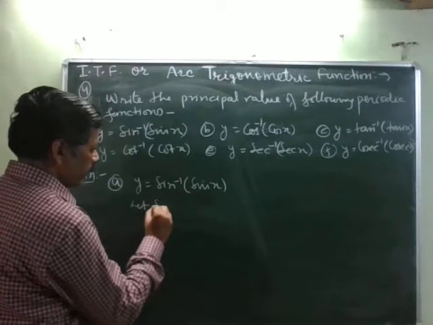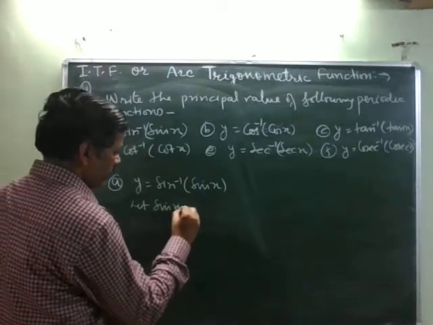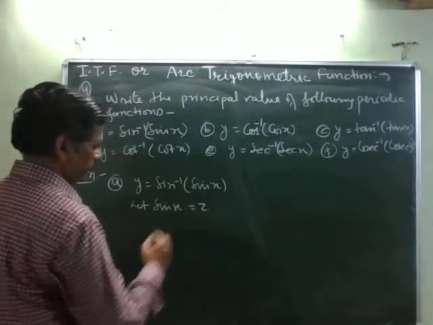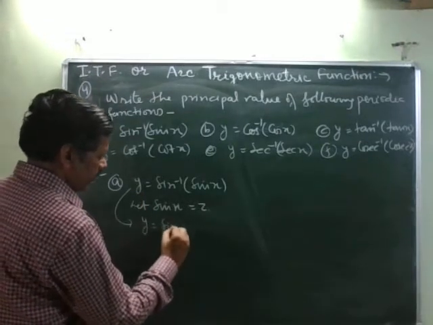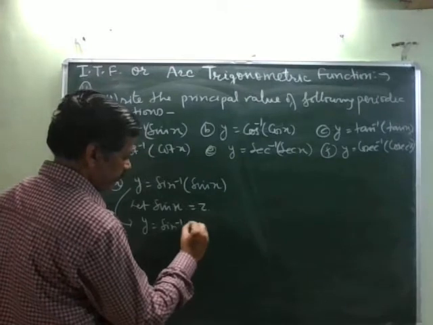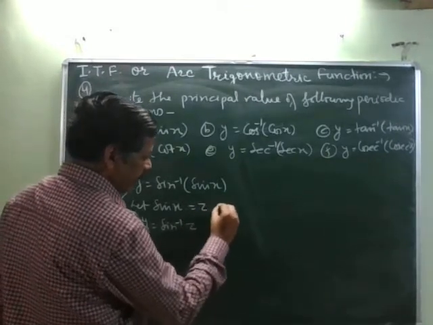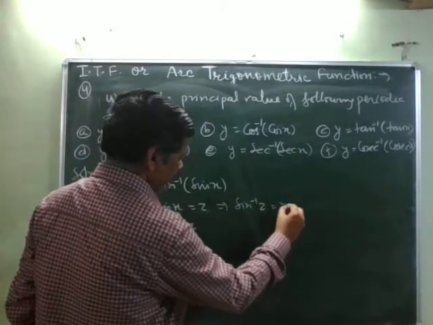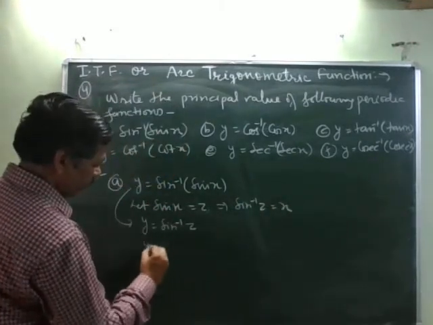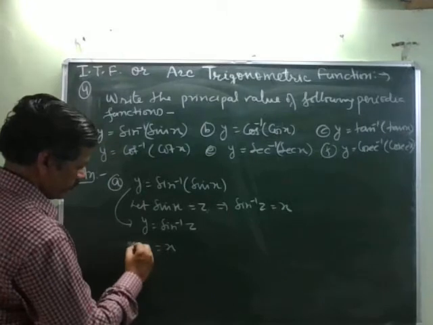Let sin x equal to z. This will become y equal to sin inverse z, and its meaning is sin inverse z equal to x. It comes out to be x.